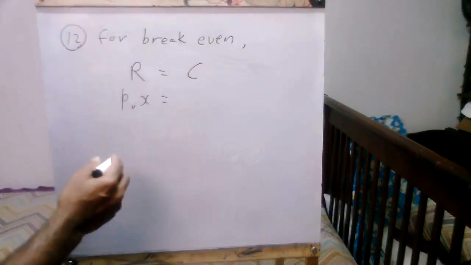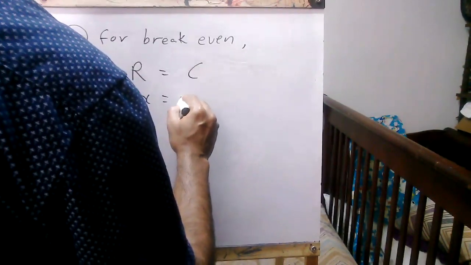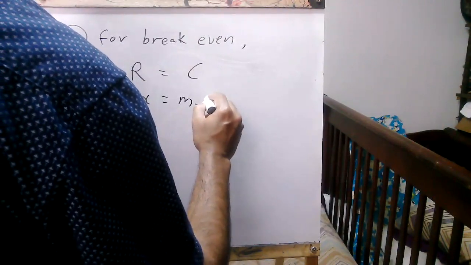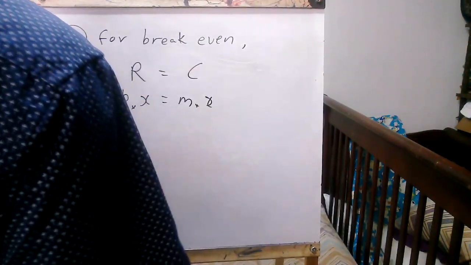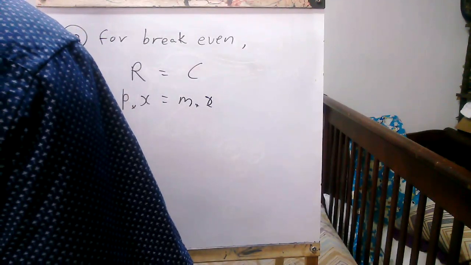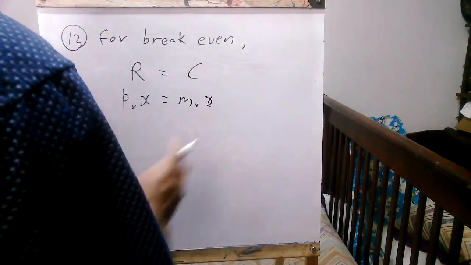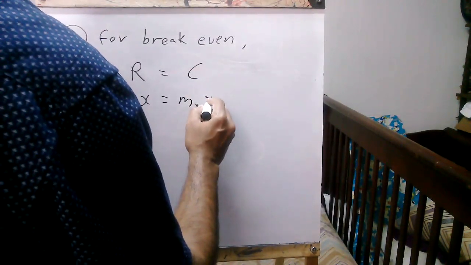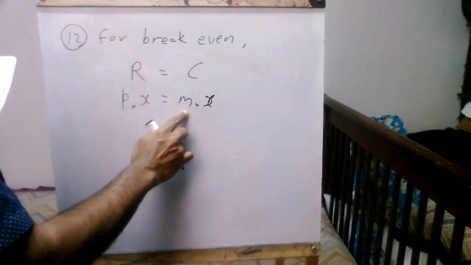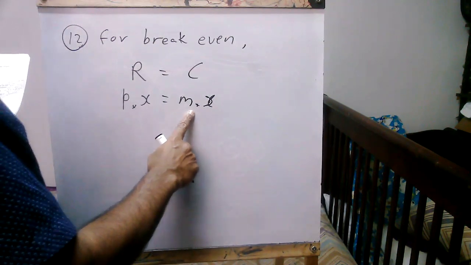Cost is number of items times cost per one item, let's say m here.